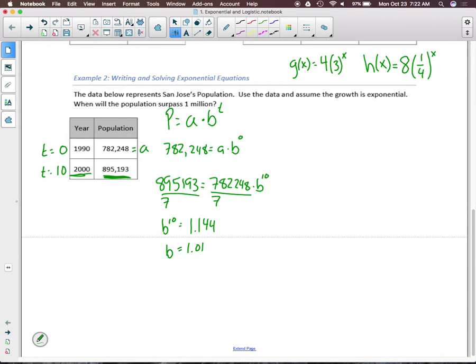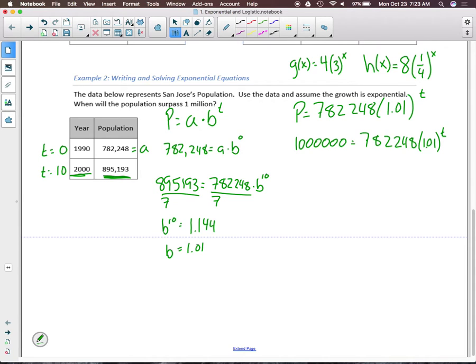And what this question is asking me is, when is this going to surpass 1 million? If my equation is now roughly this, I feel like I'm going a little too slow in this video, so I might start picking it up a little bit. So we have 1 million equals my P value, and I'm trying to solve for the t value.